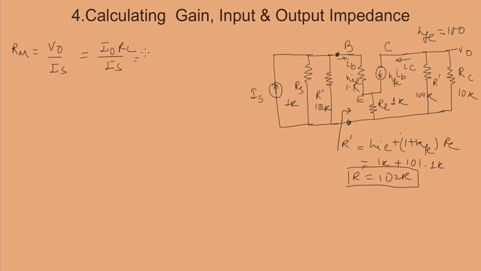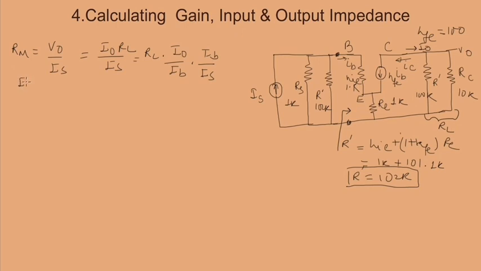Now it will be RL into Iout by Ib into Ib by Is. And where is this? This is the Ib. Don't bother, I have written small values here and taken capital values here, they are the same. And Iout is the current flowing through these two resistors, which are the RL, already calculated in the previous.